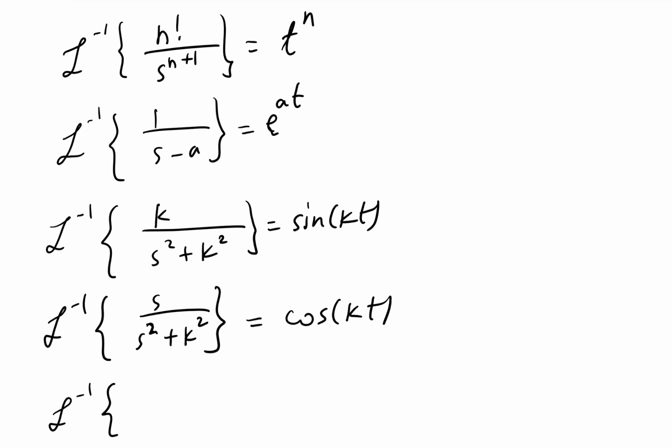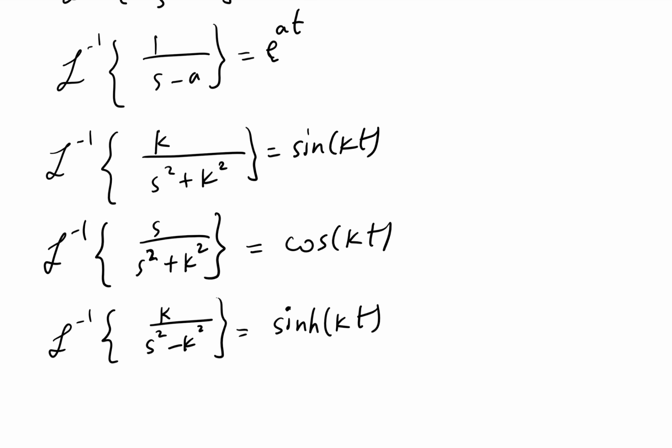Inverse Laplace of k over s squared minus k squared is hyperbolic sine of kt. And inverse Laplace of s over s squared minus k squared is hyperbolic cosine of kt.